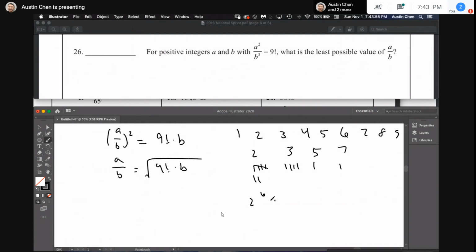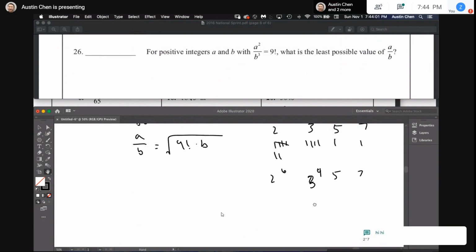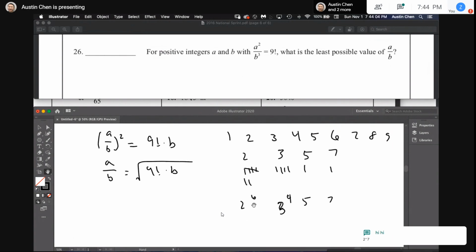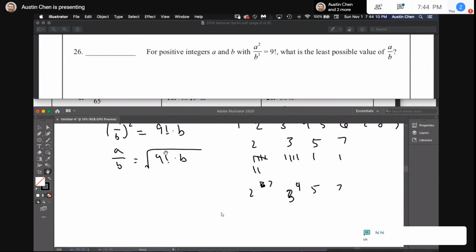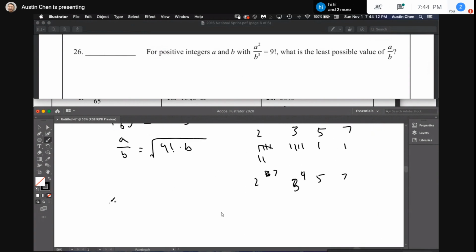So we're going to have 2 to the 6, 3 to the 4, 5, and 7. Oh, whoops, that should be 7. So many mistakes. Okay, so we can get these out of the radical directly.